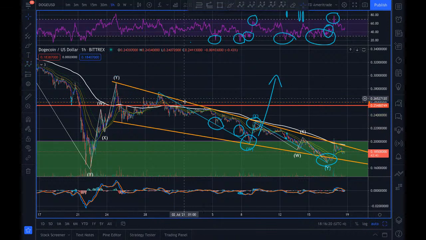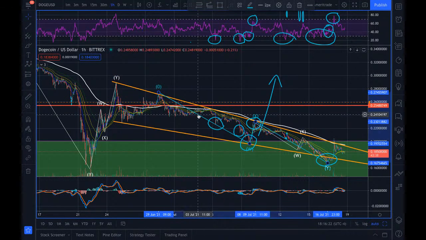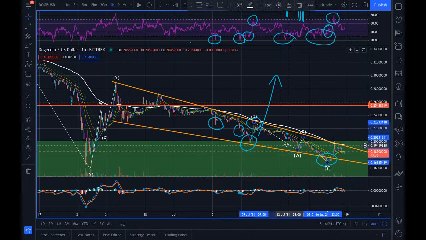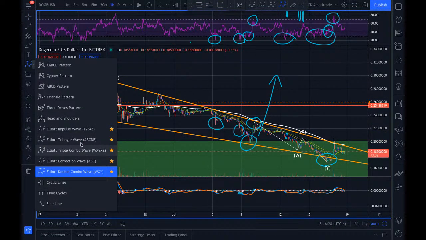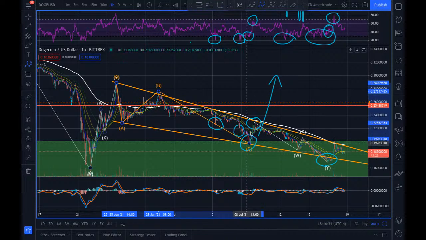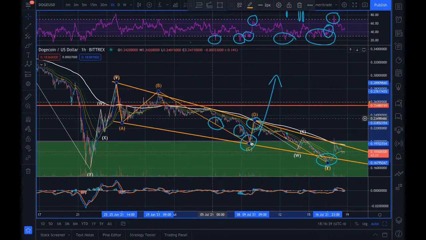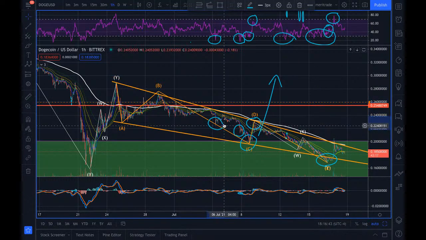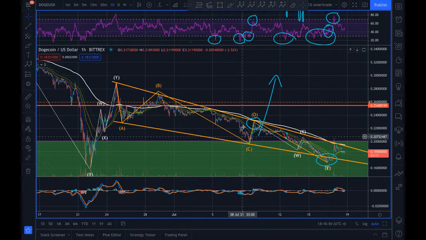Instead of calling that 1, 2, 3, 1, 2, 3, that was a subwave of 3. So this looks like it was probably more like A, B, C, D, E. And I had spelled that out in one of my previous videos and thought that might be happening. Now it looks like it already happened.